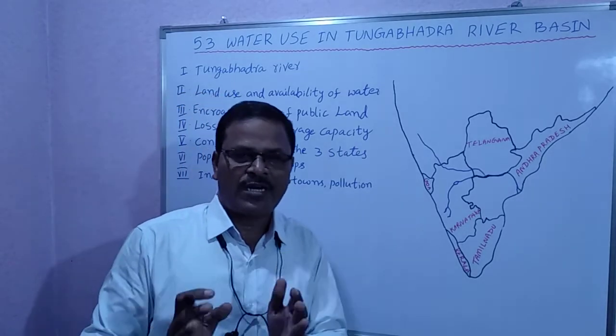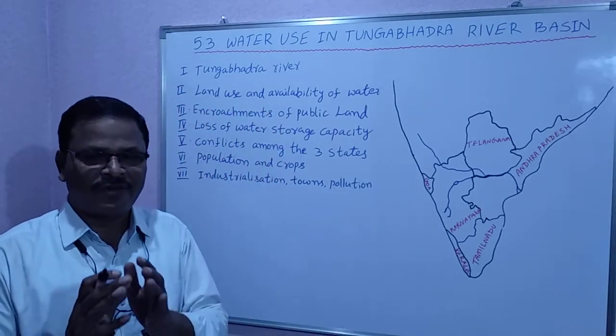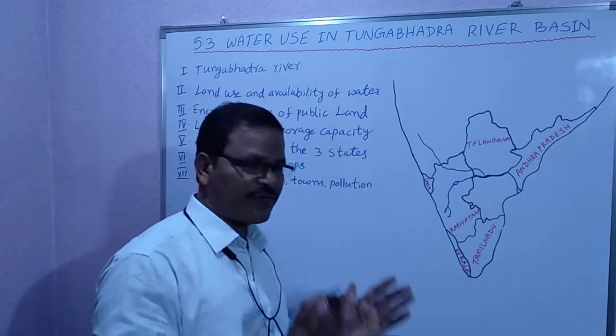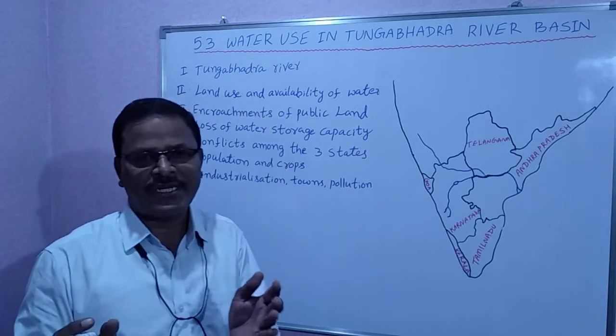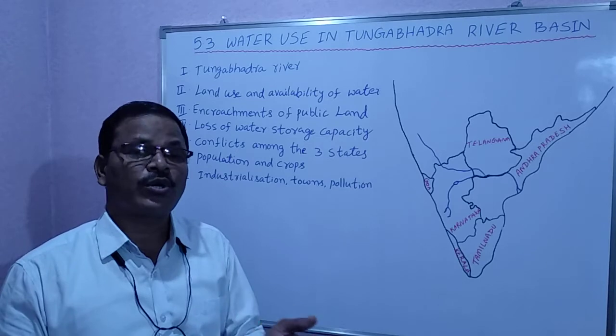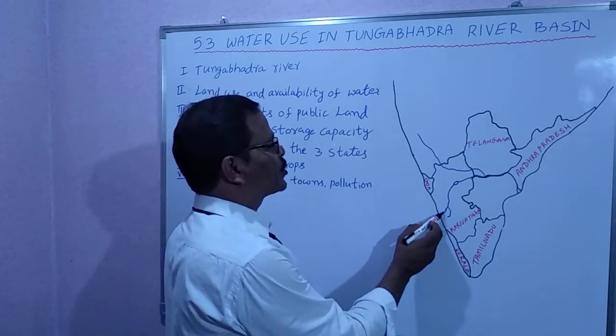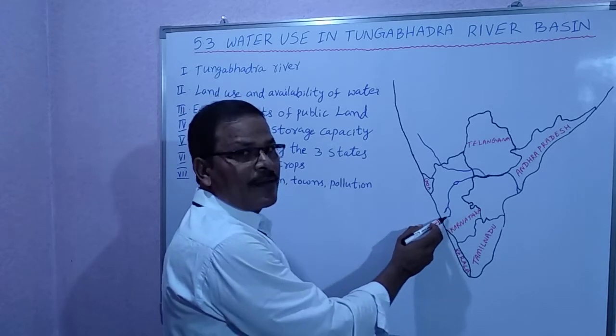Tungabhadra is formed with the confluence of, that means with the joining of, two rivers. This is Tunga and this is Bhadra.